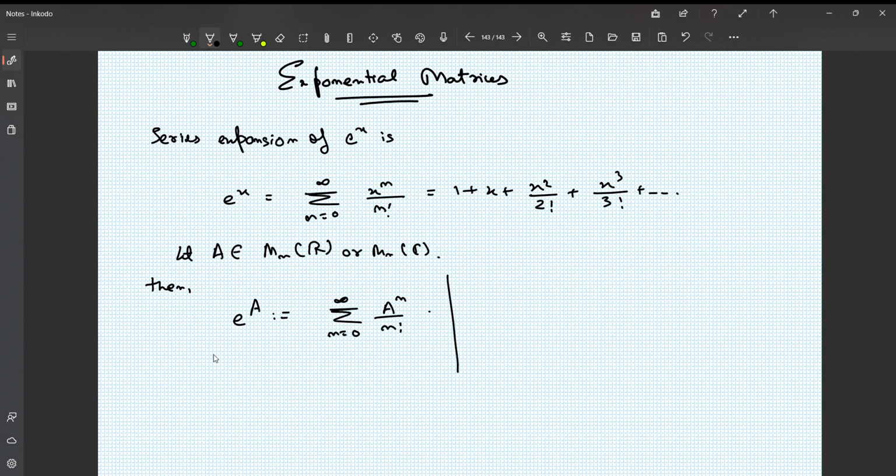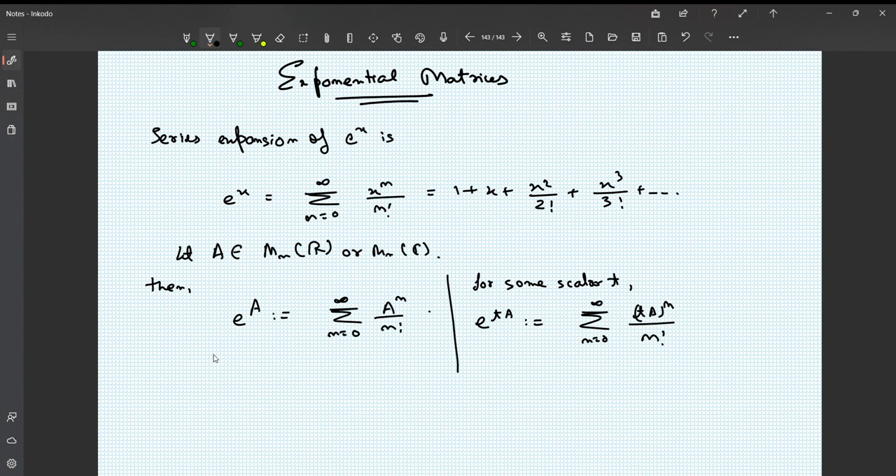Similarly, if you have some scalar t, e to the power tA will be defined simply as summation n equals 0 to infinity (tA) to the power n upon n factorial, right?